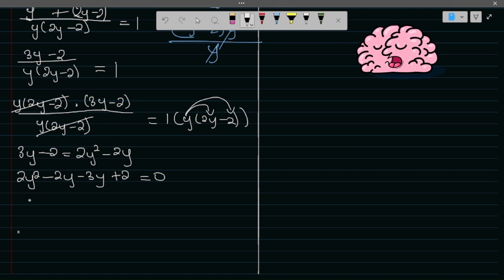So we are left with 2y squared minus 5y plus 2 equals 0.